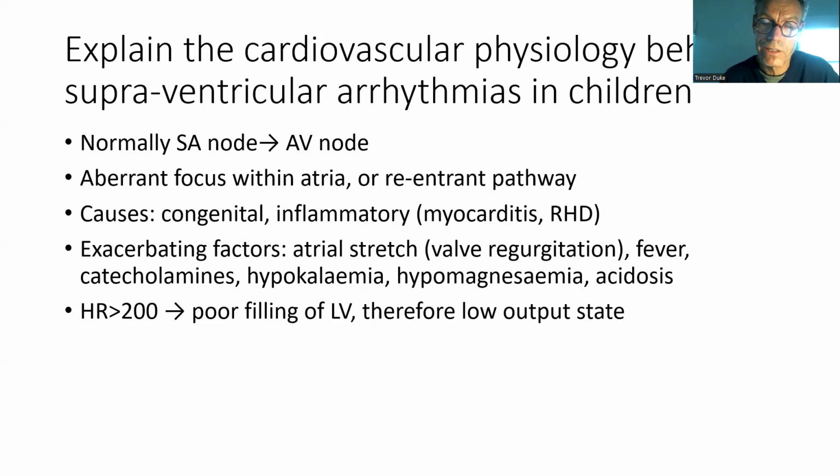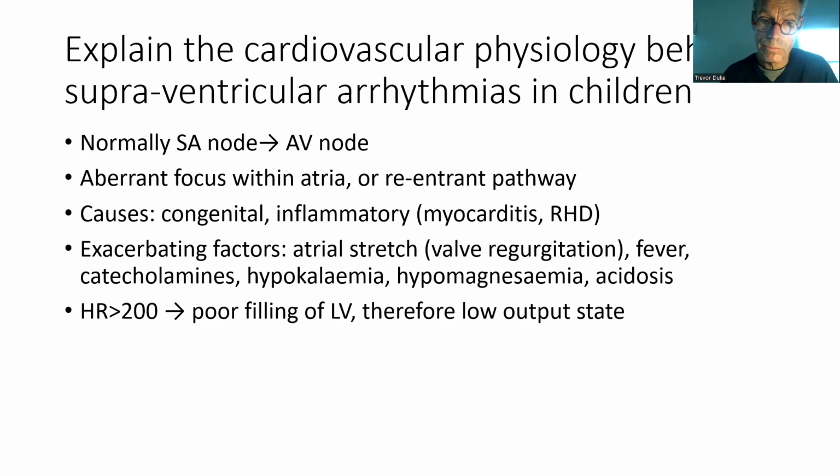SVT produces a heart rate that's always above 200. It's usually about 250. And typically infants present with extreme pallor, and they're markedly tachycardic, heart rate of 200 or 250, and they've got cold peripheries and very poor volume pulses.